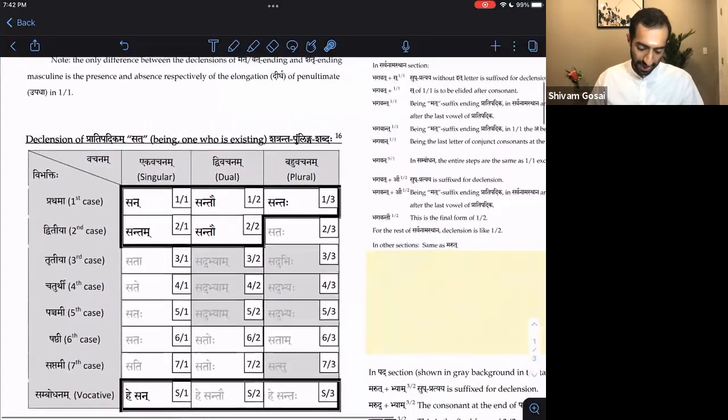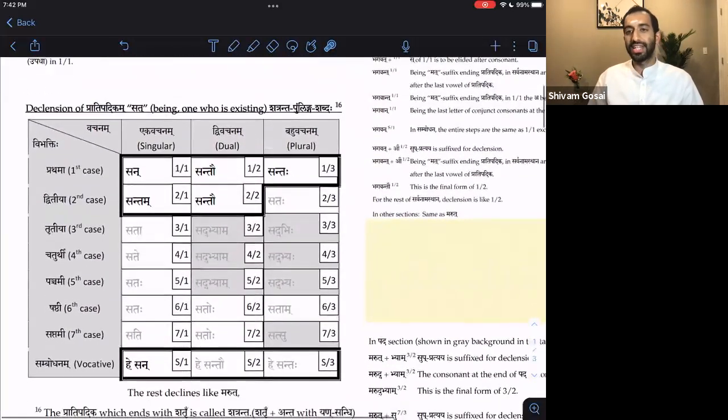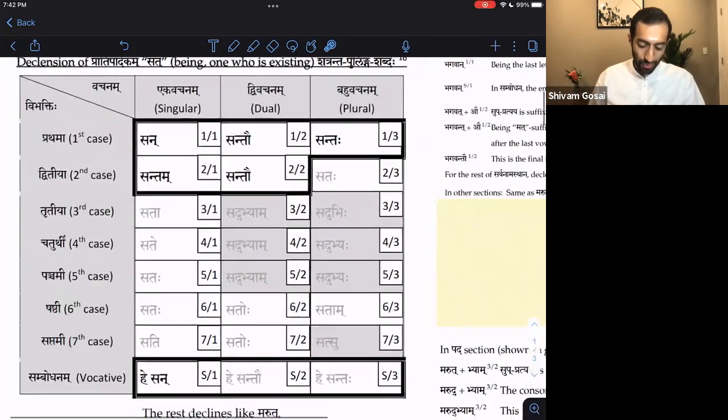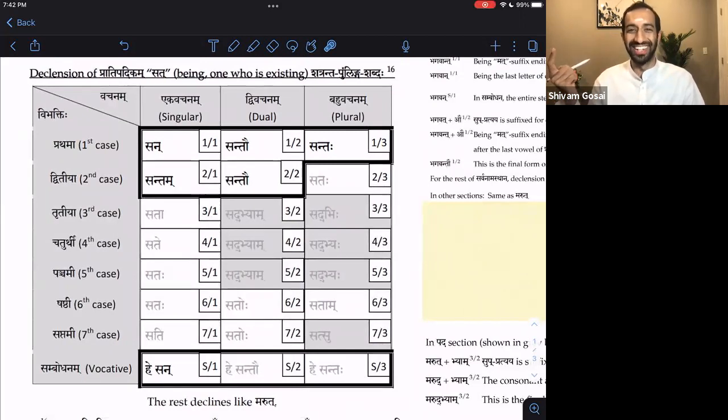Now, how does this form take place? This is exactly the same as Sat-śabdha, but one thing is different. Okay, but it happens the same way as Sat-śabdha. So now we have to remember what happens in Sat-śabdha. In Sat-śabdha, this section is called Sarvanamasthana, right? We've seen that. In this Sarvanamasthana section, we get the addition of a nakara. Na.